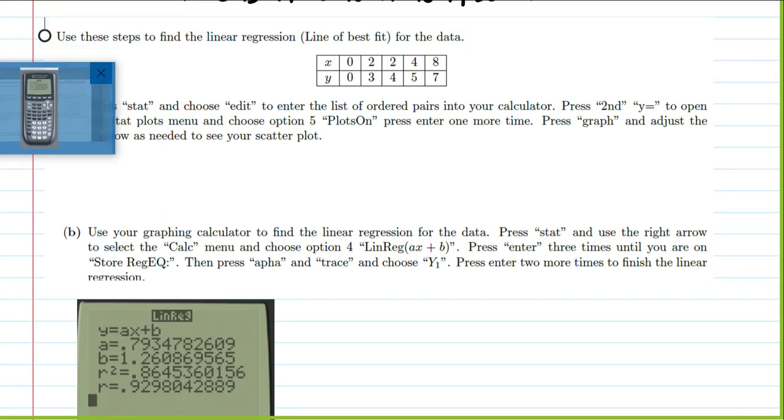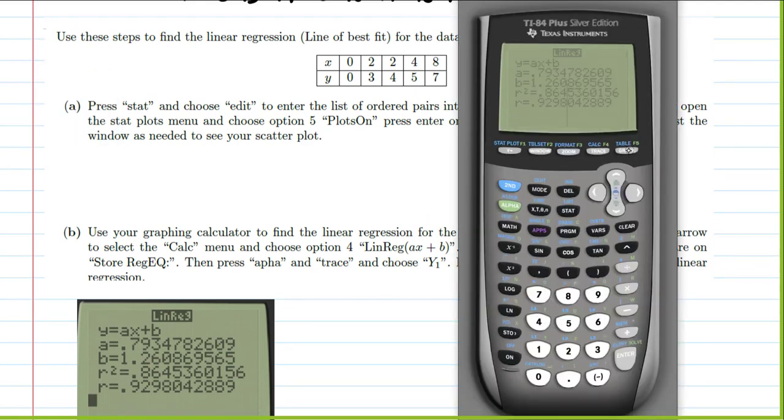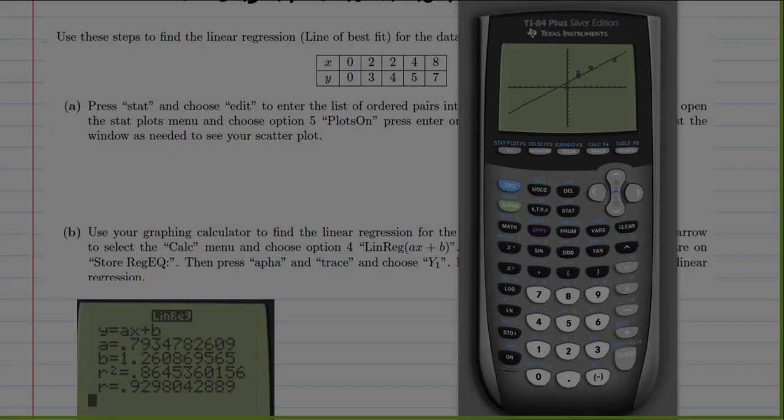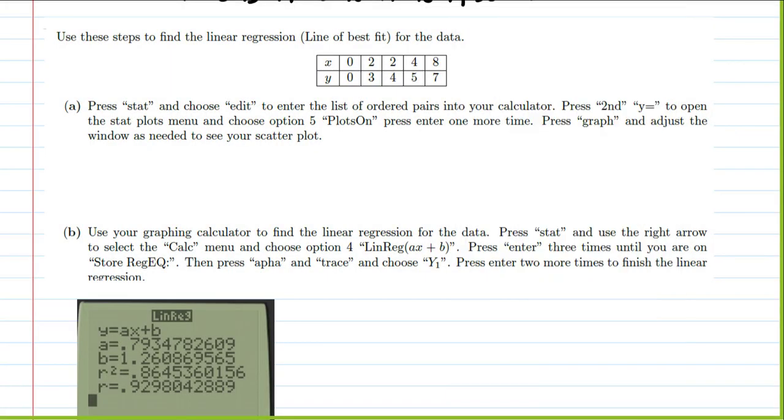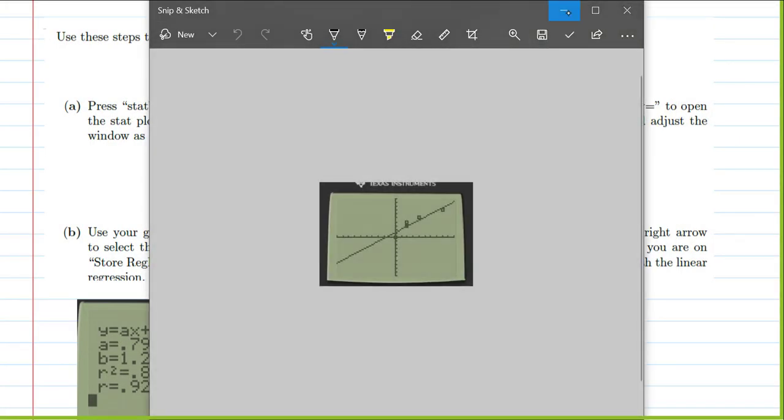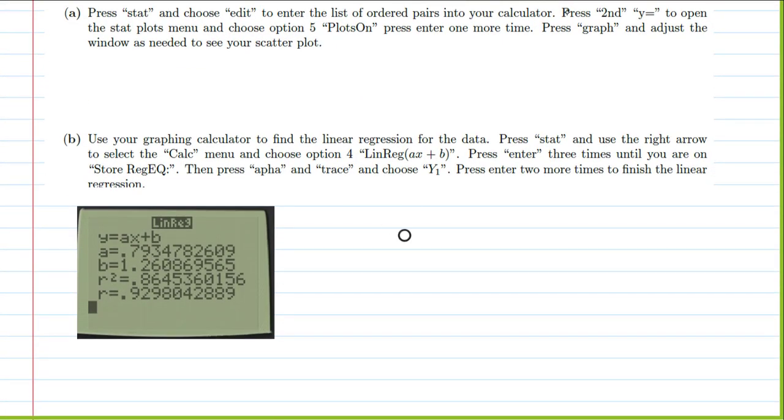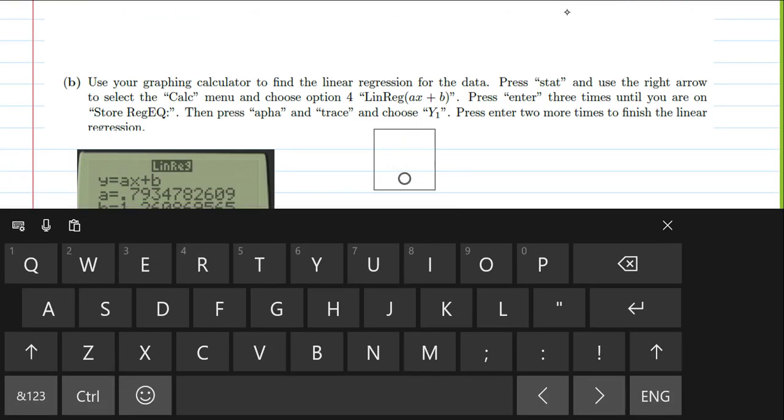And our scatter plot, let me grab that guy. So now when I press graph, since we stored our regression equation in our calculator, not only does it show the scatter plot, it also graphs the line of best fit.